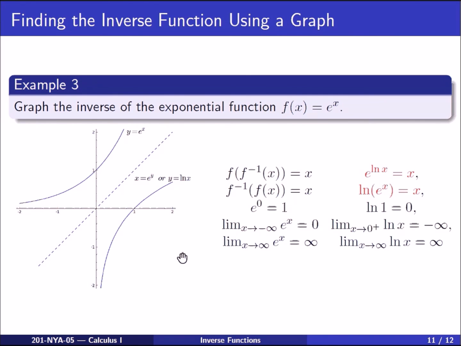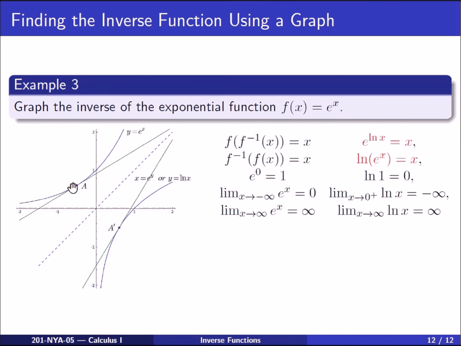Finally, if I take 2 points on the graph of the exponential function and the graph of the logarithm function, such that A prime is the reflection across the line y equals x of the point A, and I draw the 2 tangent lines here, the slopes of the tangent lines will have a relationship. If I want to compute, let's say, the slope of that line, I'm going to do the rise over the run.